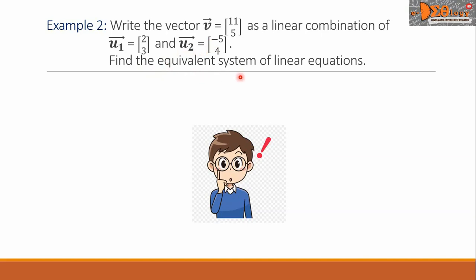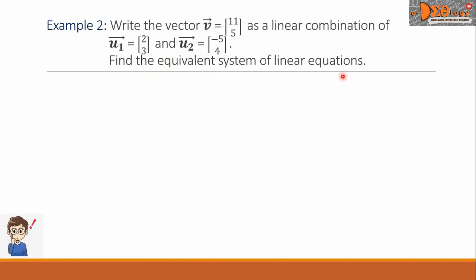Find the equivalent system of linear equations. For step 1, we're going to write the general form for the linear combination. That is, vector v is equal to x times vector u sub 1 plus variable y times vector u sub 2. Then we substitute the corresponding matrices.